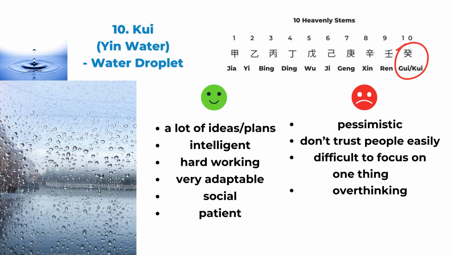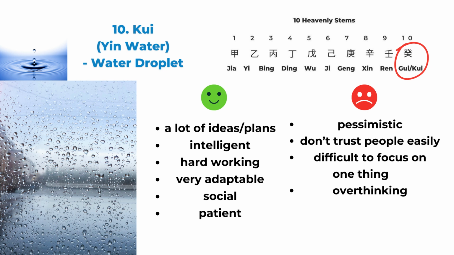The last one is Gui. It's yin water, and the image is a water droplet or the rainwater. On the positive side, you have a lot of good ideas and good plans, and you are very intelligent, hardworking, adaptable, social, and very patient.